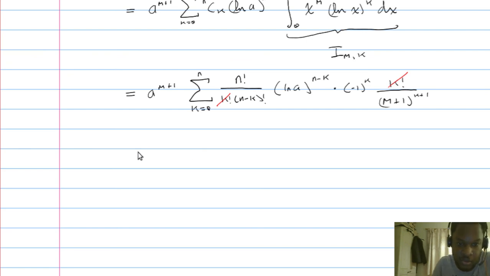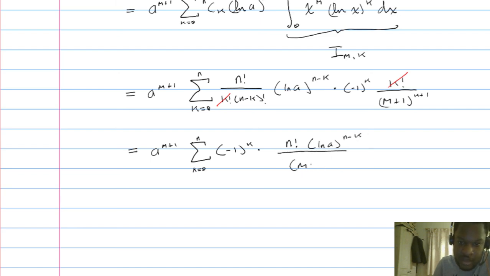So I'm going to rewrite this as a to the m plus 1, the sum from k equals 0 to n of minus 1 to the k, and we multiply that by, let's see what we have. We have our n factorial times the natural logarithm of a to the n minus k, all divided by m plus 1 to the k plus 1.